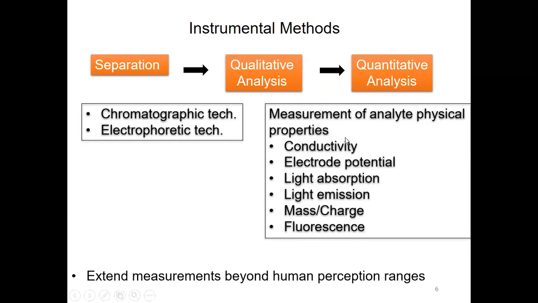And you can see these measurements are beyond human perception range. There's no way, using our senses, that we can measure the conductivity, electrode potential, light absorption, emission, fluorescence, or mass to charge ratio. So we really need some devices for this.